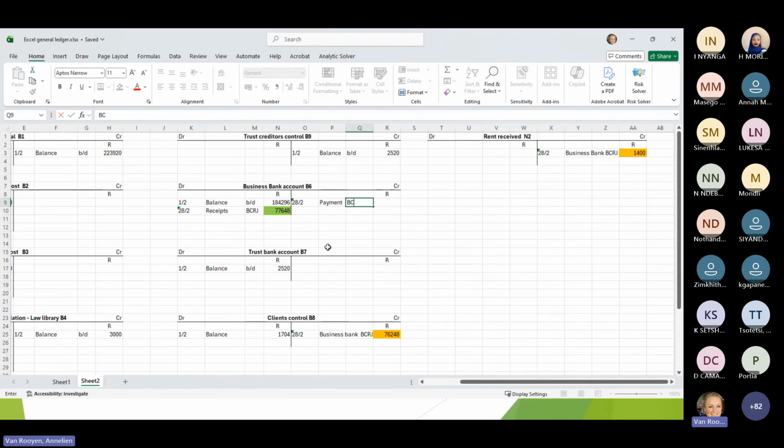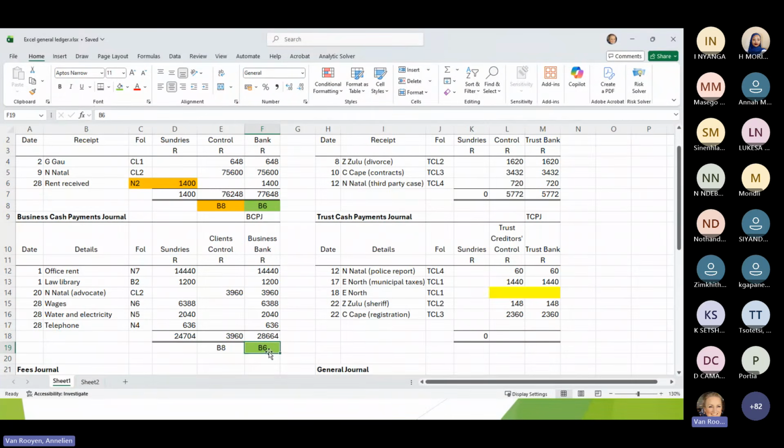Business cash payments journal. That was also a green. Okay, everybody's still okay on this?